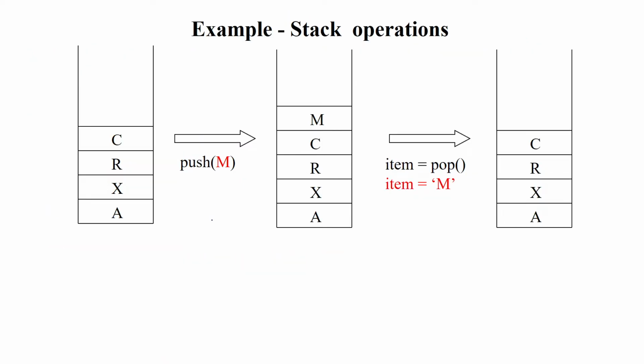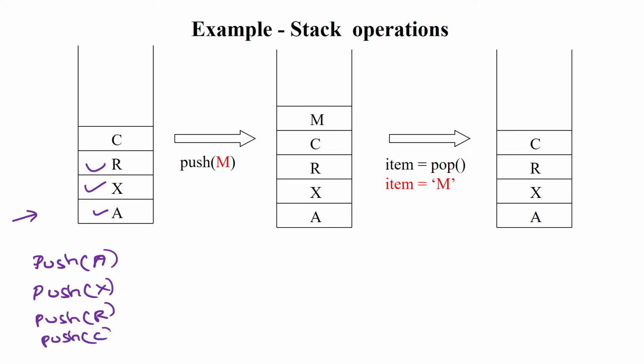Here is another example on this stack. First we push A, so A is inserted first. Then push X, X is inserted as the second element, then push R, inserted as the third element, push C, inserted as the fourth element.